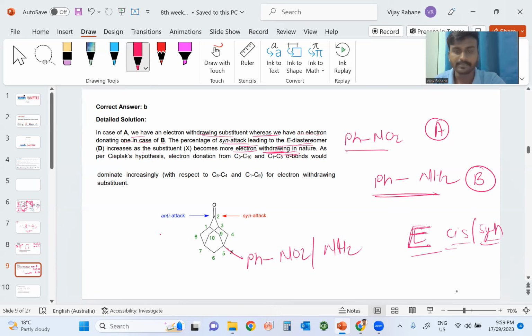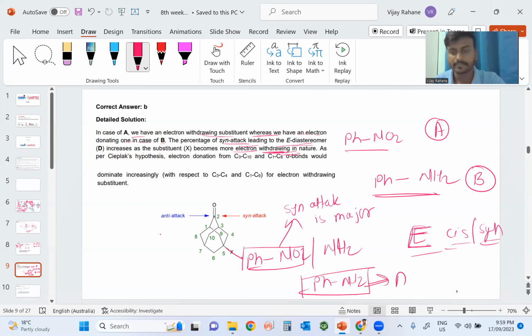This Ph nitro is an electron withdrawing group, so in this case the syn attack is the major one. And when Ph NH2 is there, the anti-attack is major.